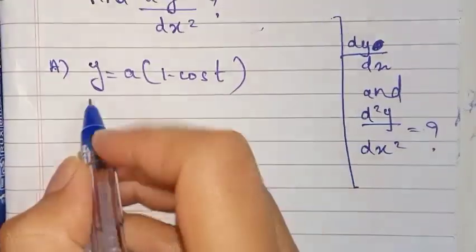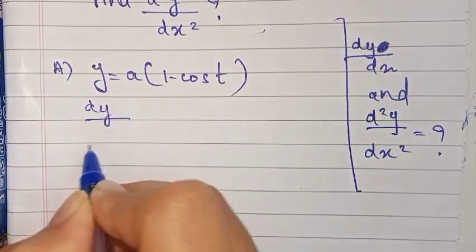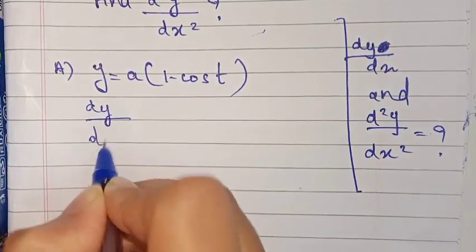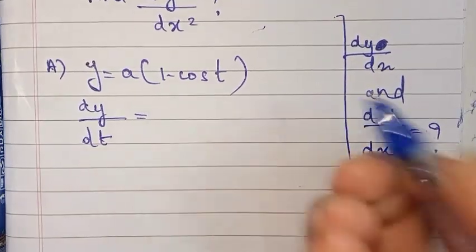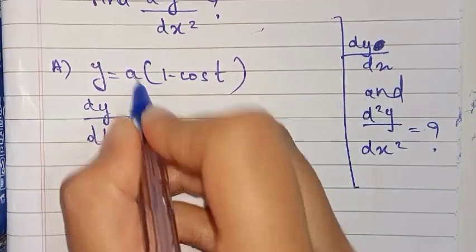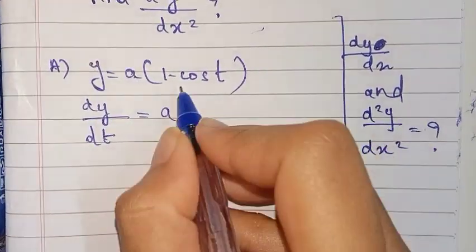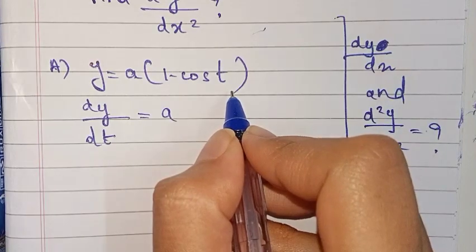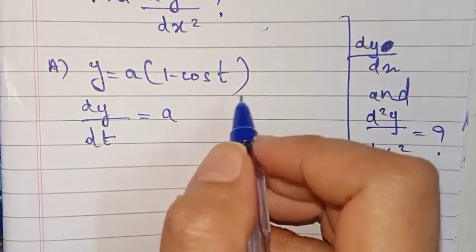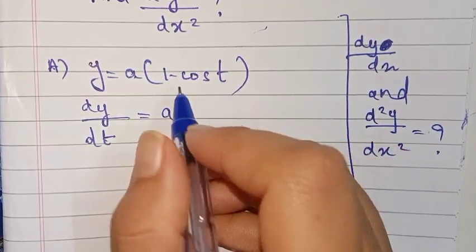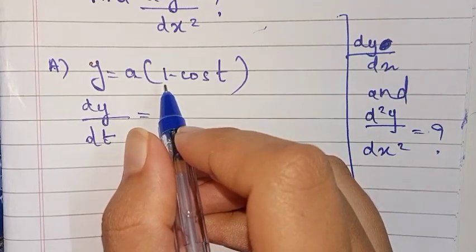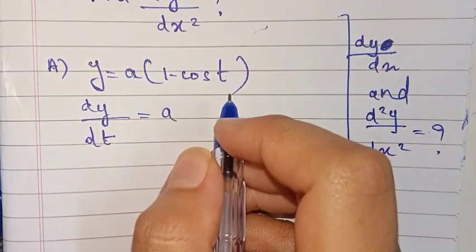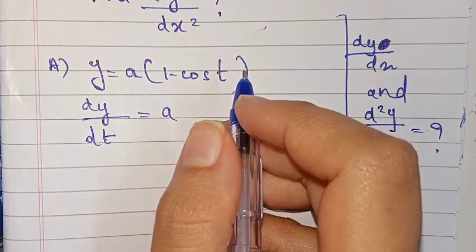First of all, we are differentiating y, so dy by dt is equal to, since a is a constant, we write a itself, and we are differentiating 1 minus cos t. In order to differentiate 1 minus cos t, we have to differentiate 1 and cos t separately.